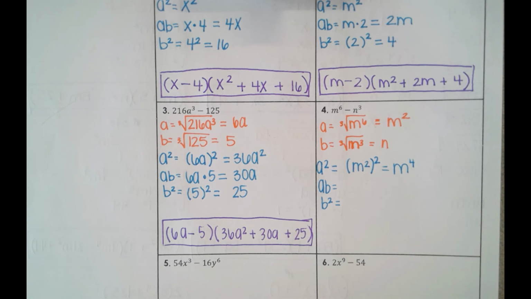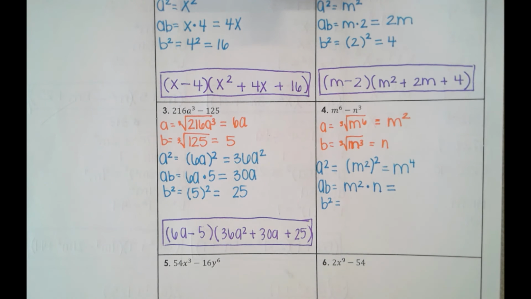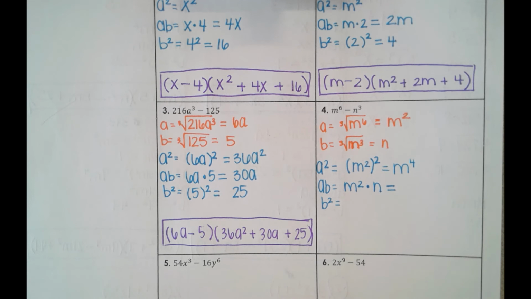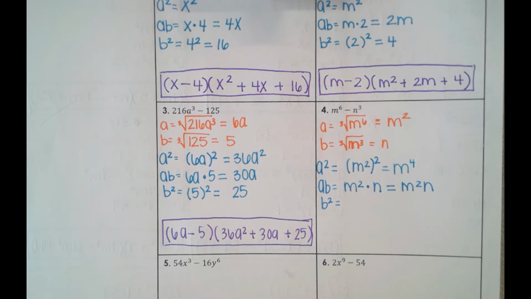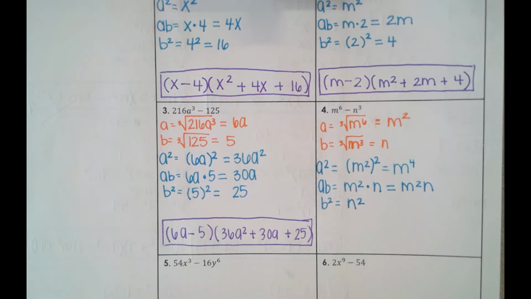Then for your ab, m squared times n. Well, those are completely different letters, so you can't really combine them. So you just write m squared n. And then your b is n, so b squared is just n squared.